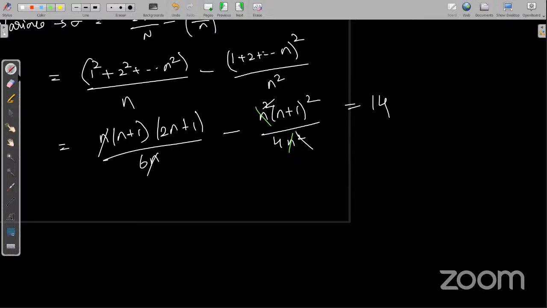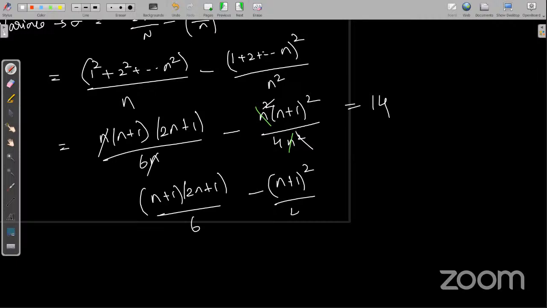Now it is very simple. The LCM I can say is 12. First of all, let me write it properly and then I will do the LCM. So we are left with n plus 1 into 2n plus 1 divided by 6, minus n plus 1 whole square divided by 4, is equal to 14.